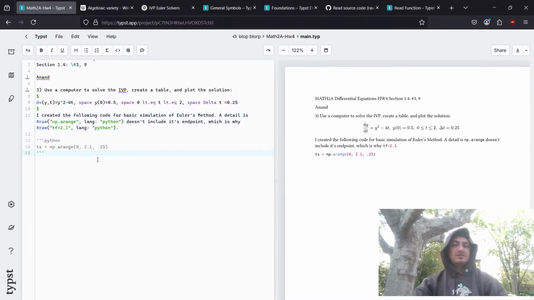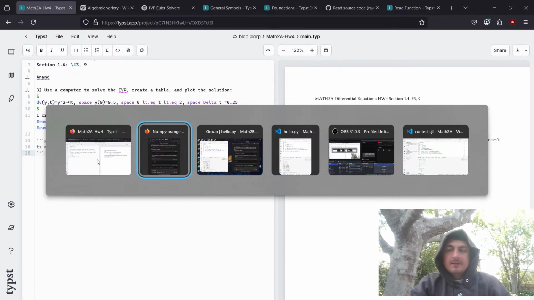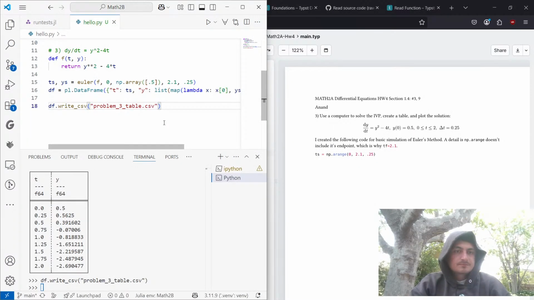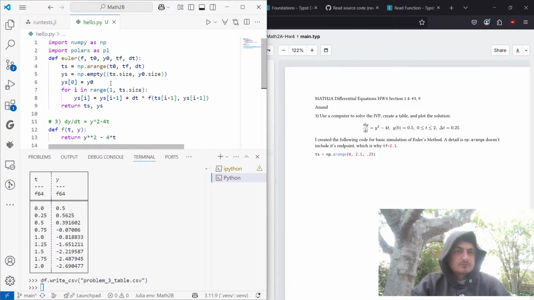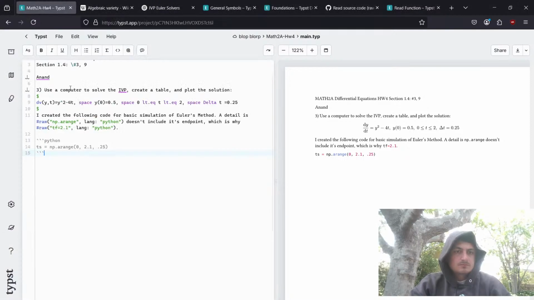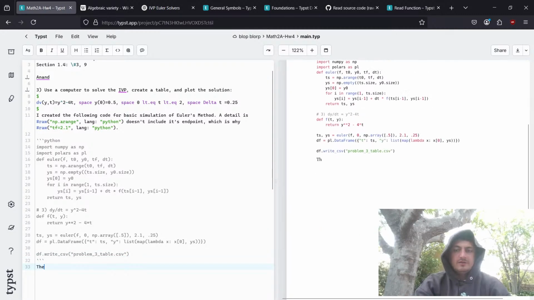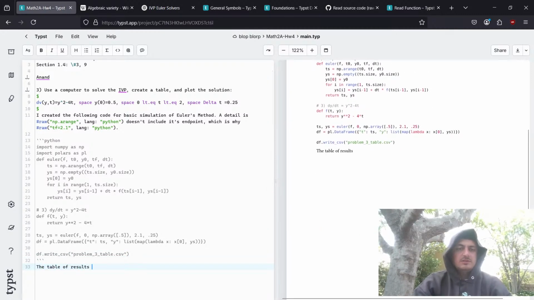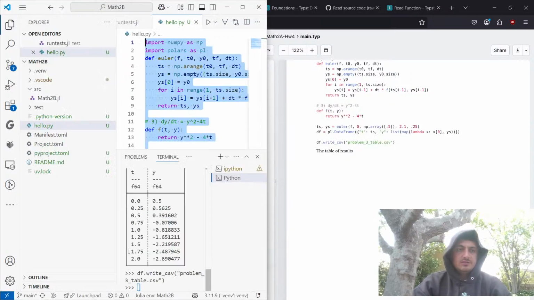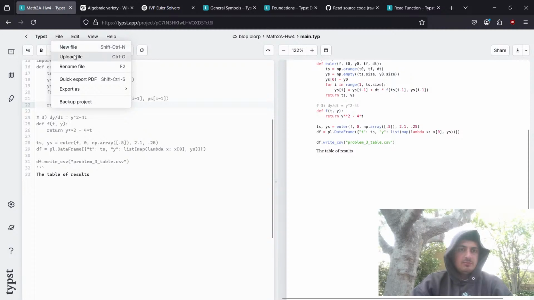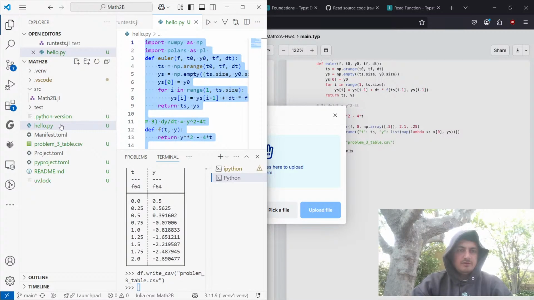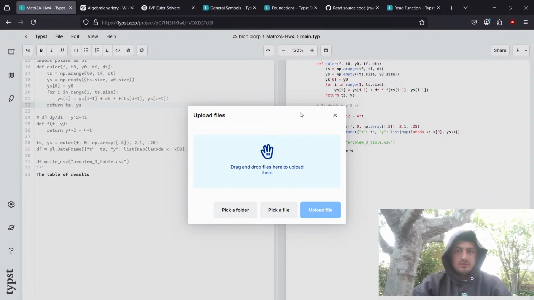All right, so let's just copy the code over. Okay, the table of results. I need to actually go there. And I need to do this file, upload file. Is that gonna work? Why didn't that work?